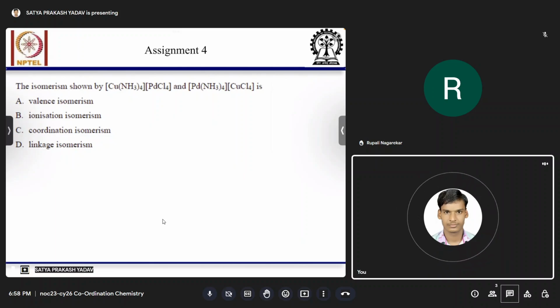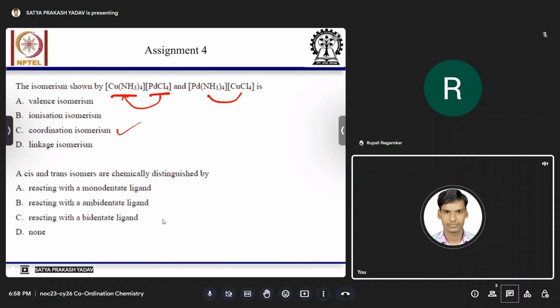So again, this is coordination isomerism, because if you consider one as the ionization sphere, the other is the coordination sphere, so they have chain interchange like Cl and NH3. So coordination. Again, cis-trans isomers are chemically distinguished just by reacting. That is the correct answer for this.